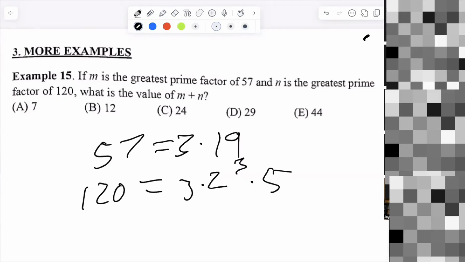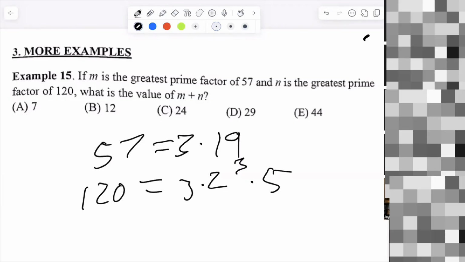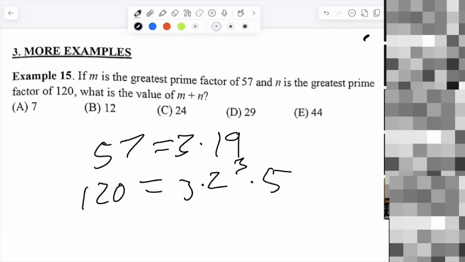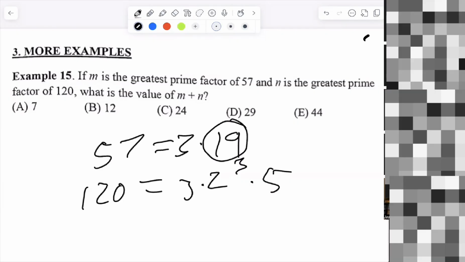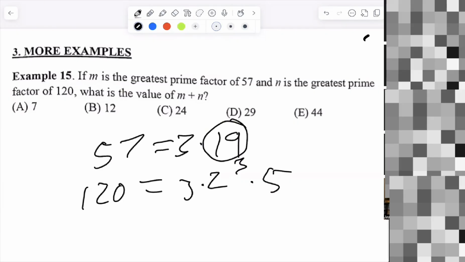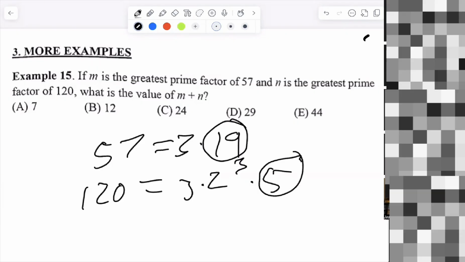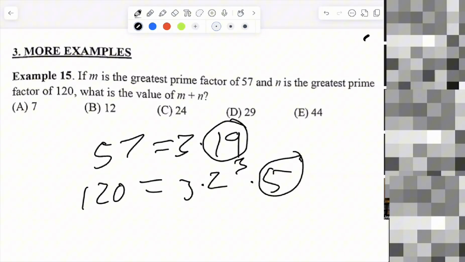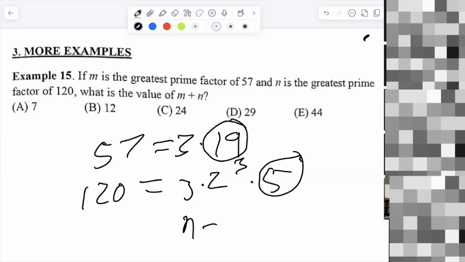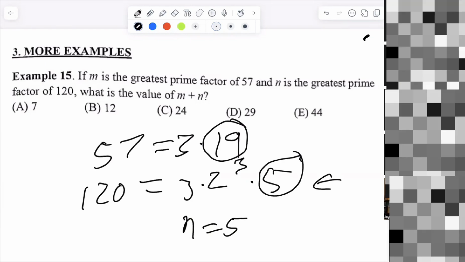So what do we do from here? Well, what is the largest prime factor of each of them? 19 is the largest prime factor for 57, and 5 is the largest prime factor in this case for N. So N is equal to 5 and M is equal to 19.